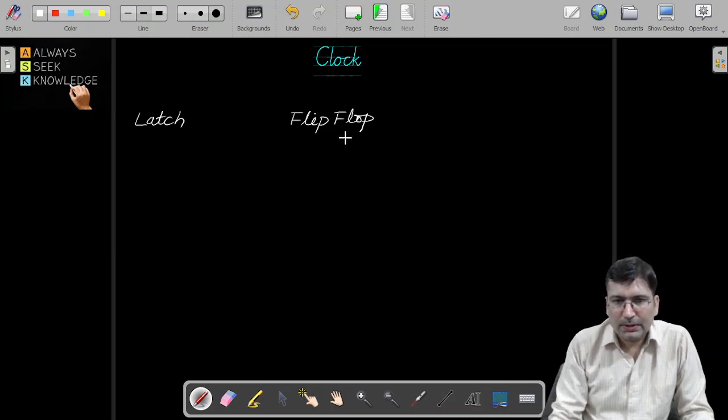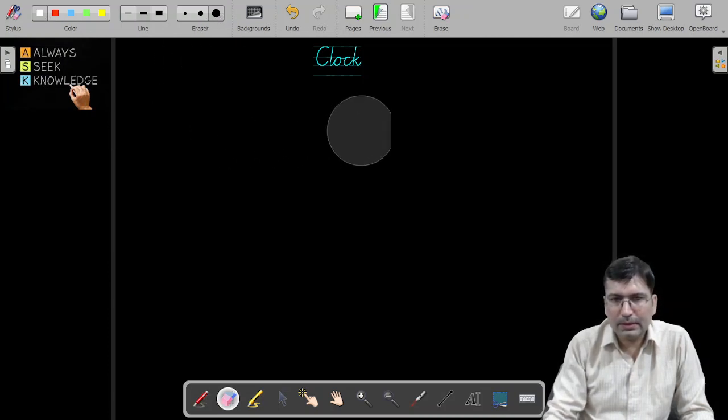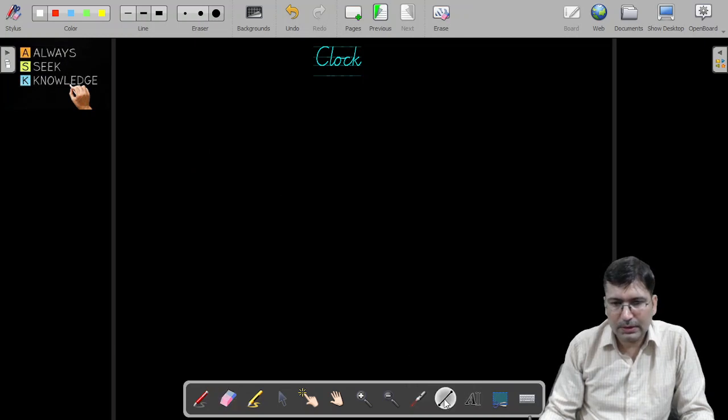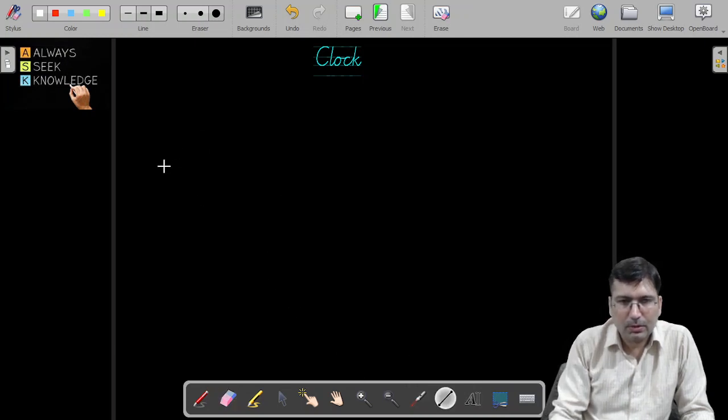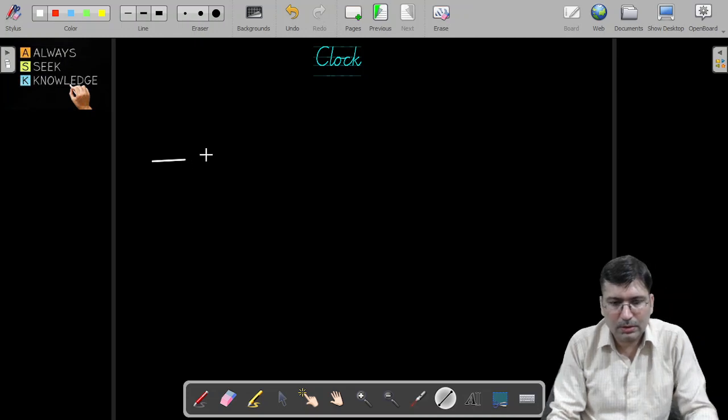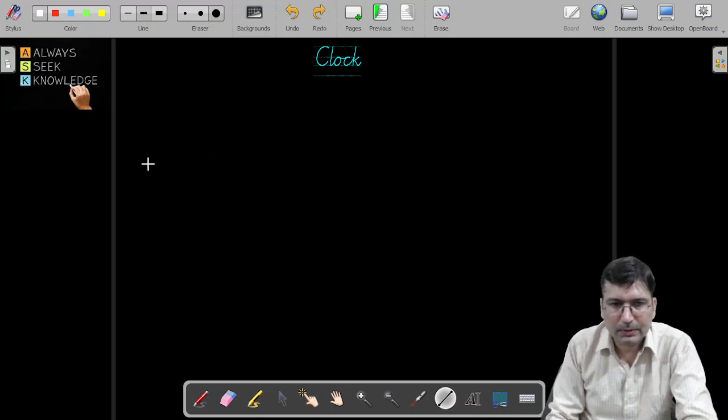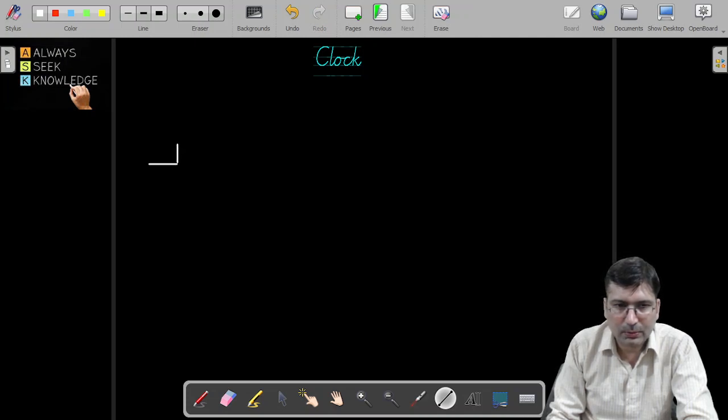So how do we pass the clock and what is clock exactly? It is a type of signal you consider. Let me draw the clock. I simply draw the clock something like this. Let's say it is high after some point in time.